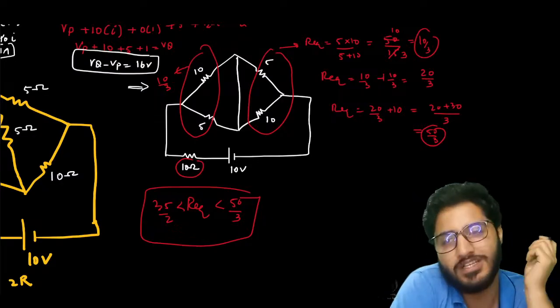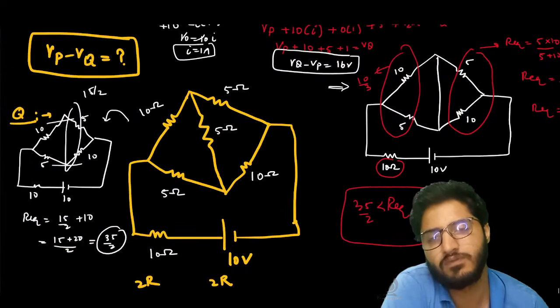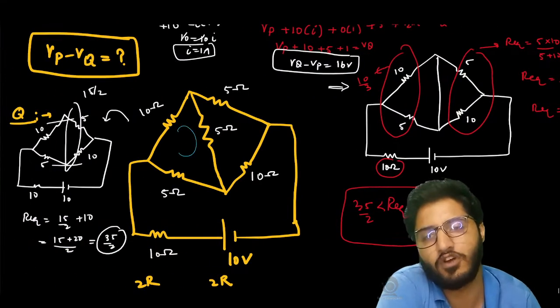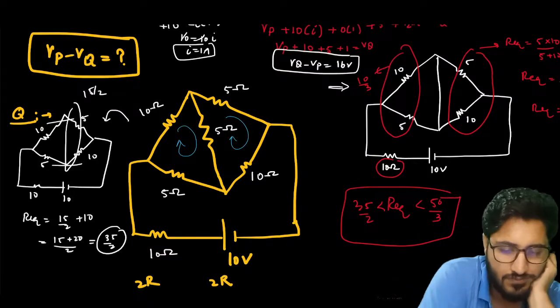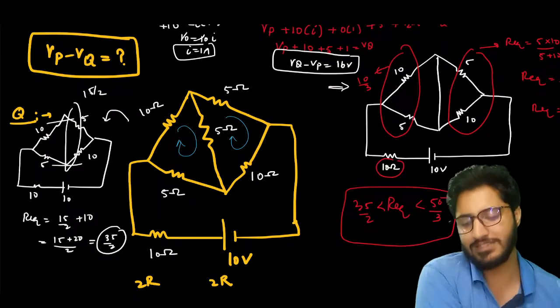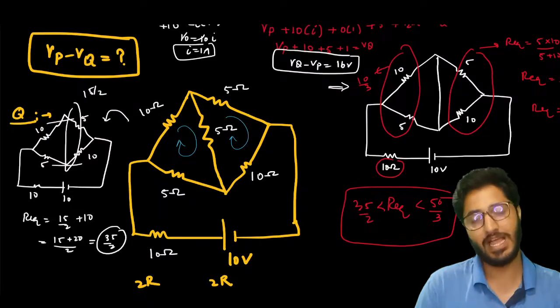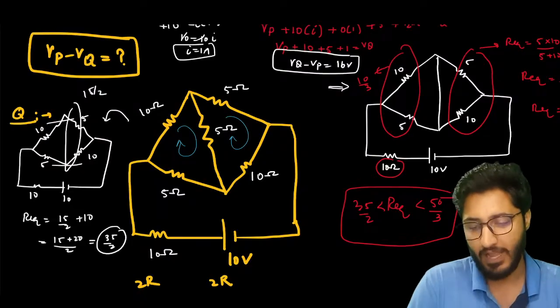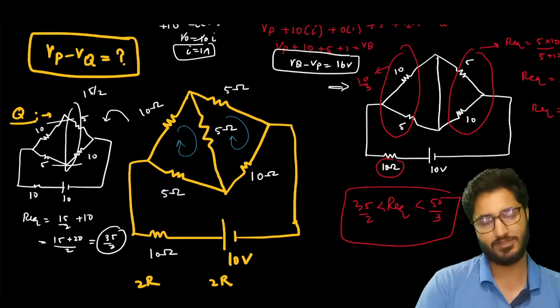If you don't want this shortcut now, what you need to do now? You have to use KVL. You need to use KVL now for this loop, for this loop. Use KVL. There is no issue. You will get your answer also, right? But this one is for unbalanced Wheatstone bridge. I have given you some short tricks by which you can do numericals for unbalanced.